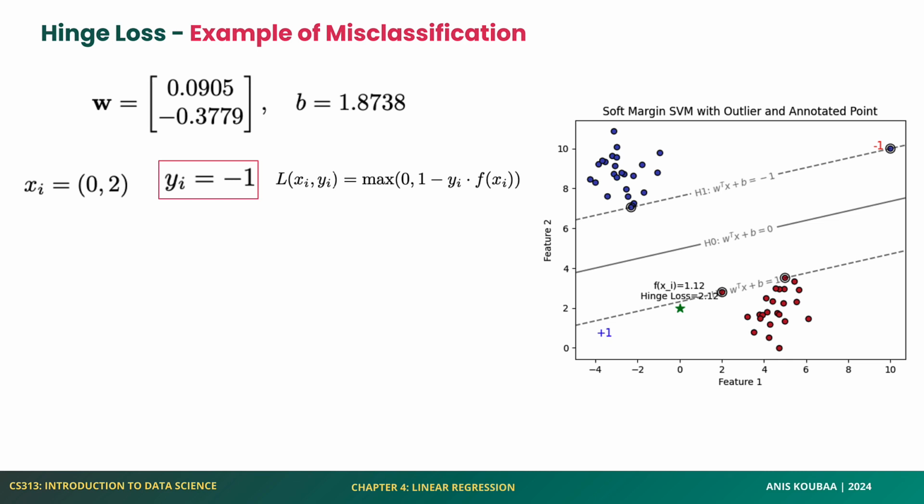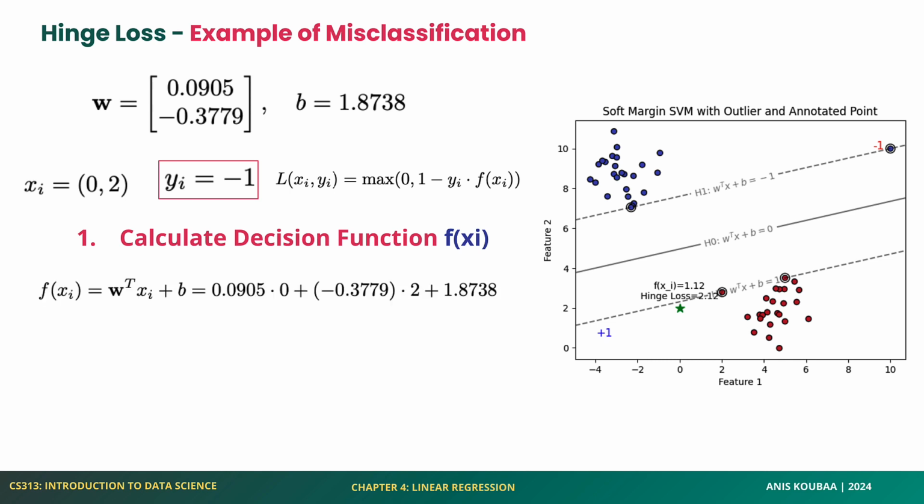It's f of x0, which is 2. We need to apply the decision function f(xi), which is this linear equation, to see whether the point is above or below.